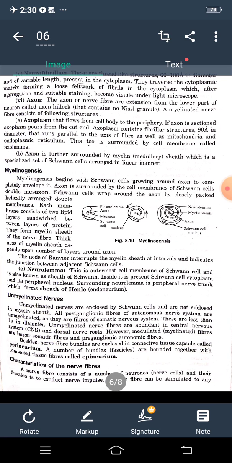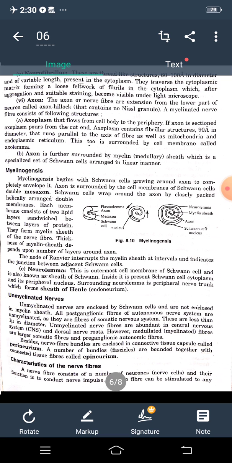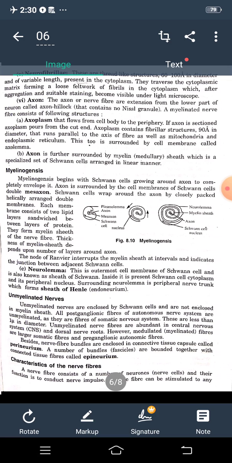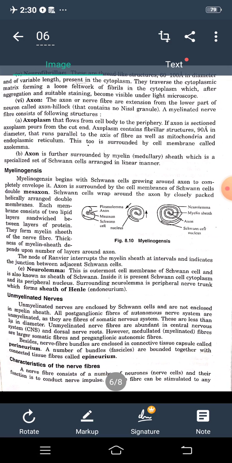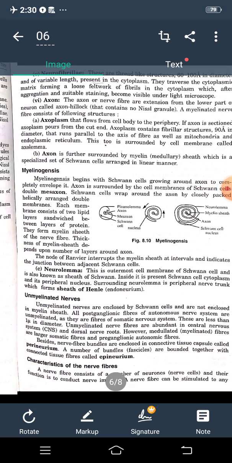Unmyelinated nerves. These nerves are enclosed by Schwann cells and are not enclosed in a myelin sheath. All postganglionic fibers of the autonomic nervous system are unmyelinated, as are some fibers of the somatic nervous system.